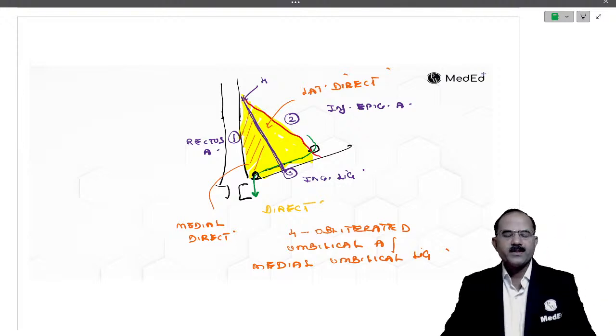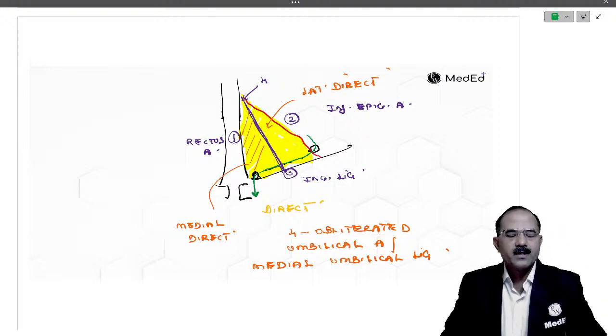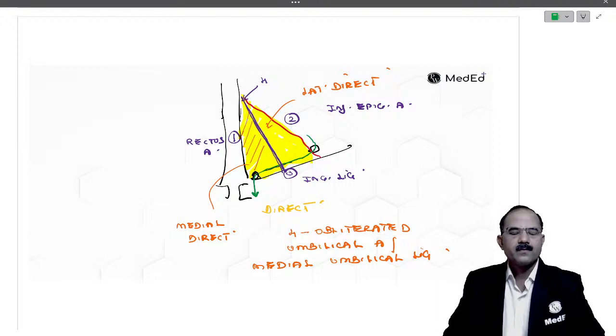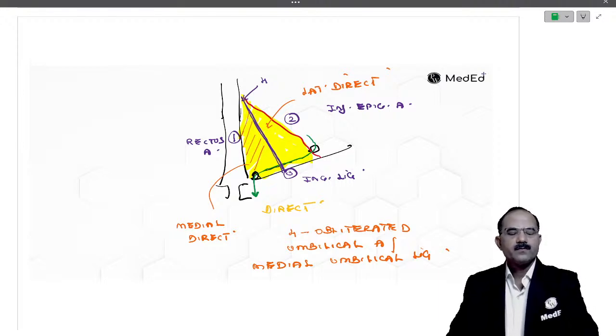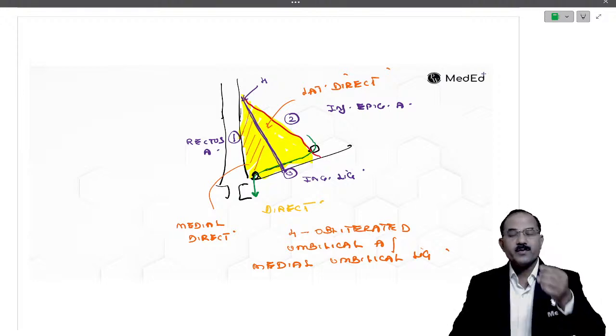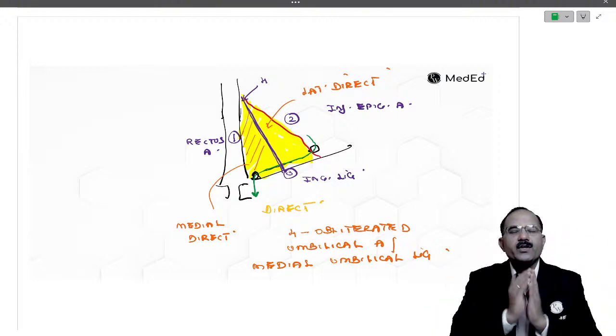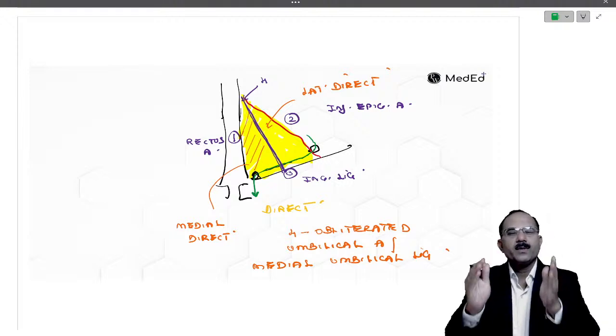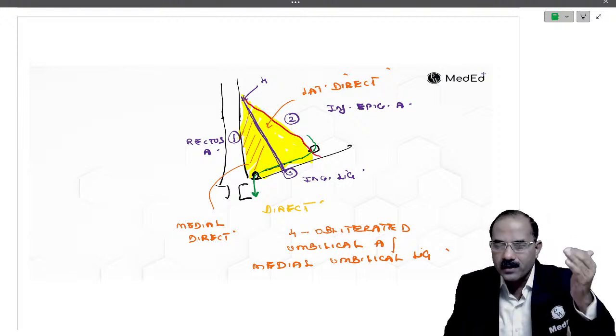Just listen to what I'm telling. If you have any doubts, you can ask me later. Clear to all of you? So the Hesselbach's triangle is divided into 2 parts by the obliterated umbilical artery or the medial umbilical ligament, right?